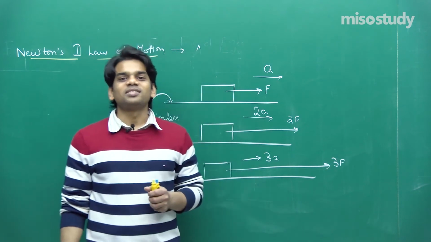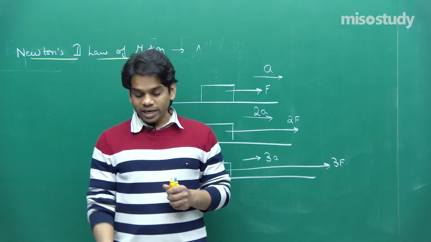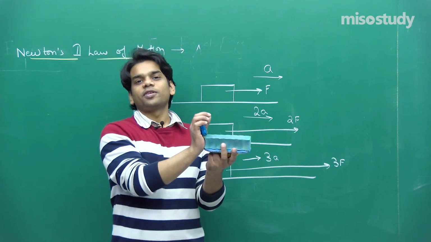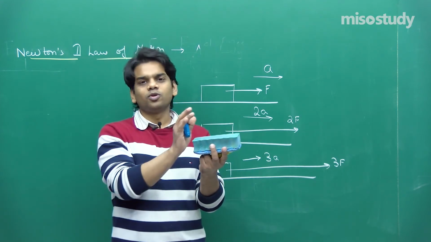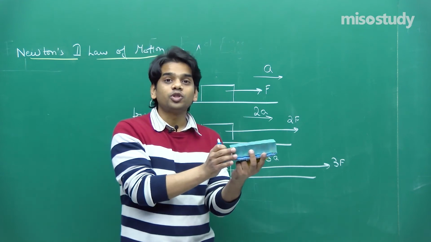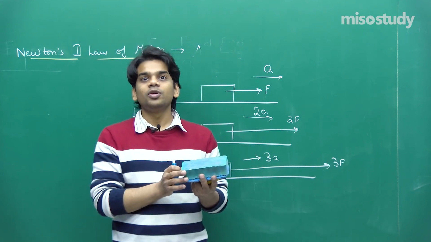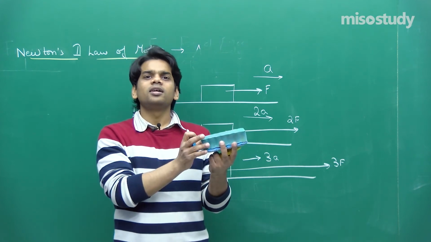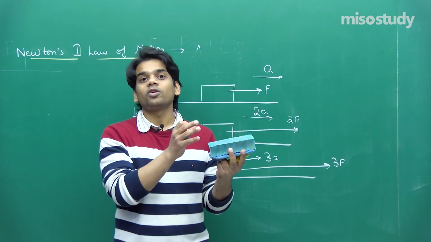Let us take a very simple example. Take a table or a chair at your home and try to give it a push, and think how much force you are applying. You will see that the table or chair will move forward. Now increase the force, so that you are applying twice the magnitude of the force you applied earlier.